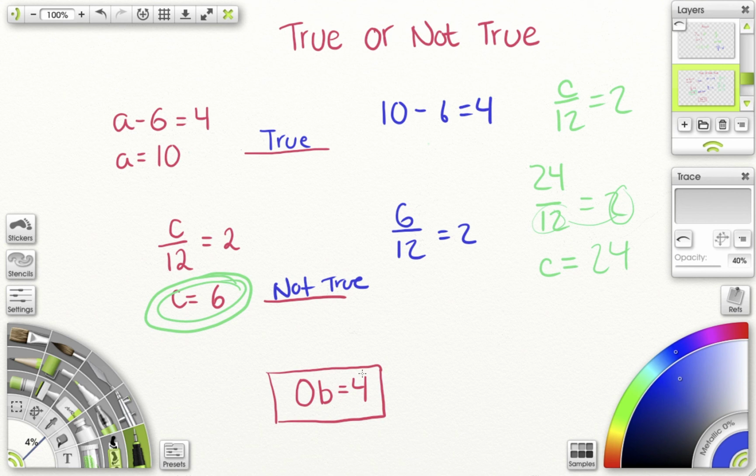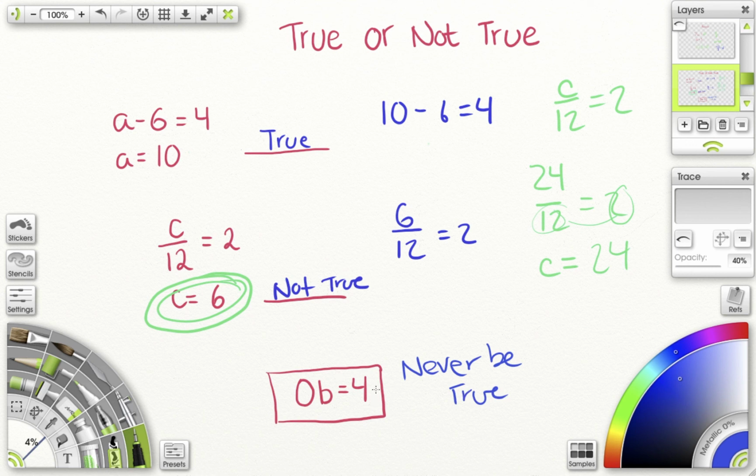No, because 0 times 1,386,000 is still 0. So this statement here can never be true because 0 multiplied by something will always, always equal 0. It can never equal another number like 4.